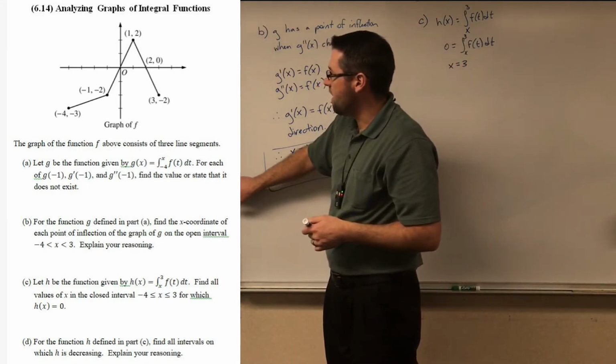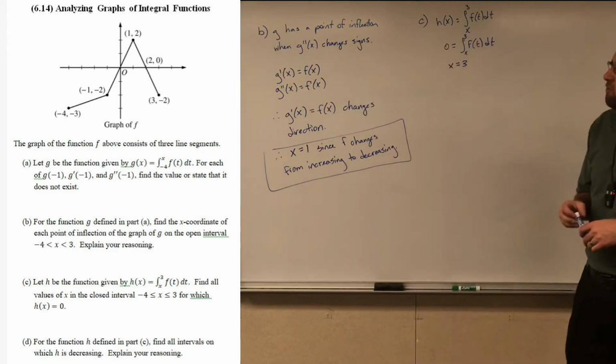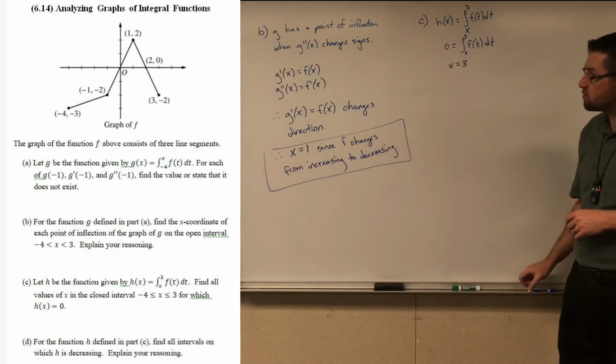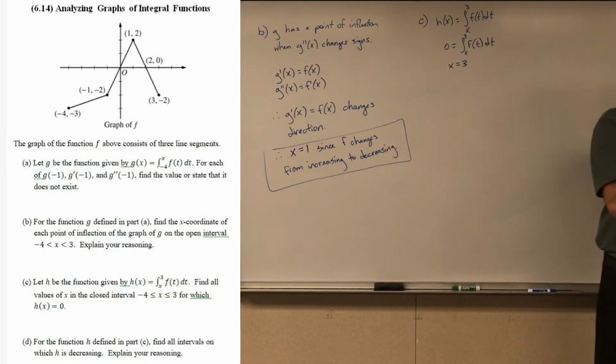But if we look at the graph, what we need to try and see is there anywhere else where the integral will produce a 0 value? What's another way that an integral can be 0? If the net area is 0. So if the area above the x-axis is the same as the area below the x-axis, right?